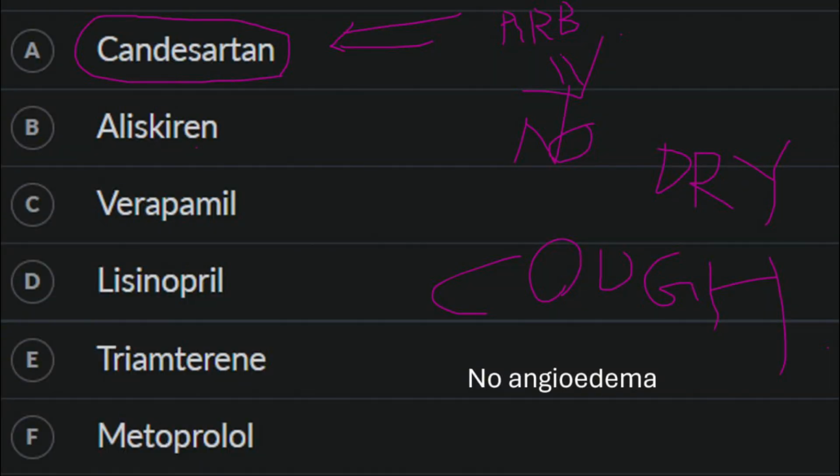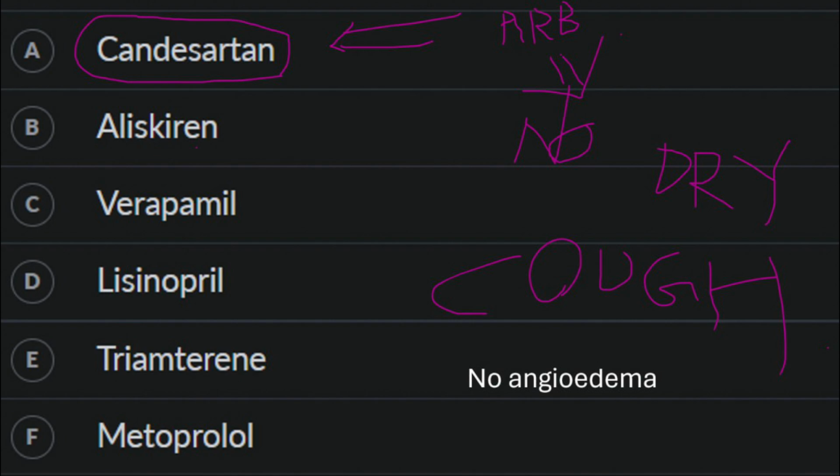So guys, our answer is candesartan, because it is an ARB and there is no dry cough in the case of ARBs, and there is no angioedema, because the ARBs will not cause any inhibition of breakdown of bradykinin.